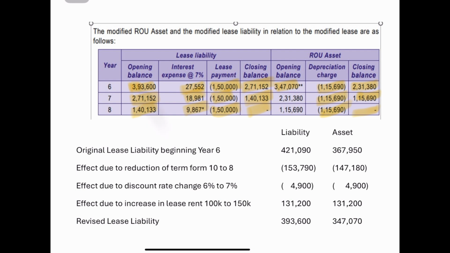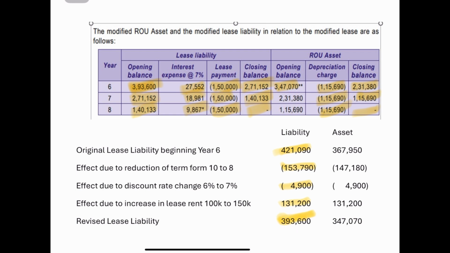So let's see how this 393,600 is calculated. Basically your opening ROU liability at the beginning of the 6th year is 421,090, and the effect from reduction of the lease term from 10 to 8 years, 153,790, needs to be reduced. And then the interest rate change effect, that is 4,900, needs to be reduced. And then the effect due to increase of rent from 100k to 150k needs to be added.